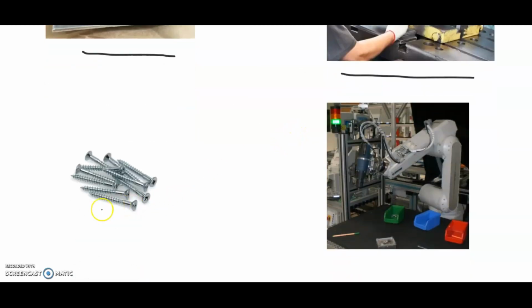Another example is screws that need to be transferred to the assembly station. Again, what is the best way to transfer the screws to the station? Should we put them in a bin, a box, or a container? This is something that needs to be considered.